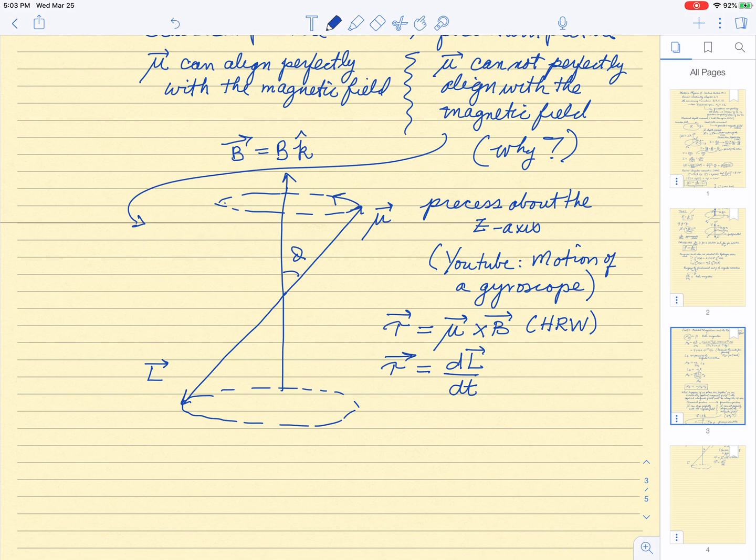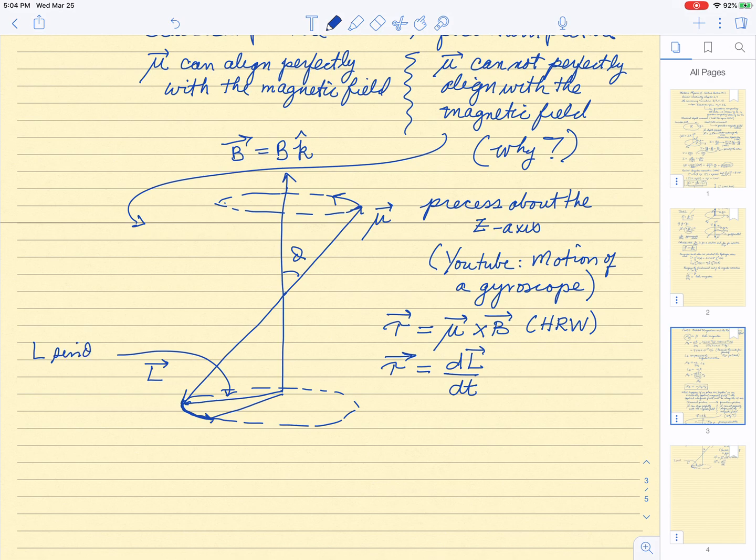Okay, so let's look at what happens down here with the angular momentum. So the angular momentum vector, right? So we have here. This will be L sine of theta.